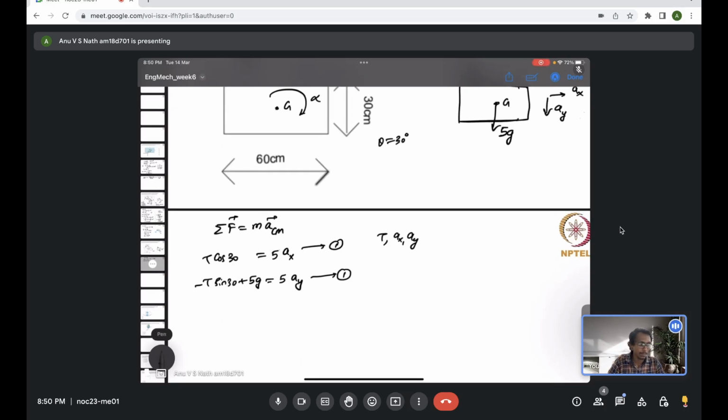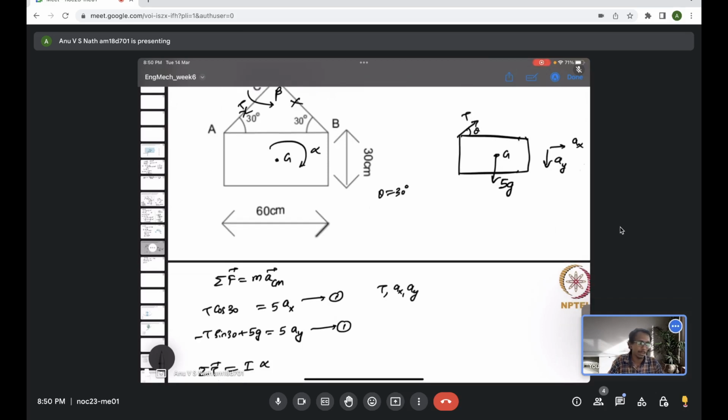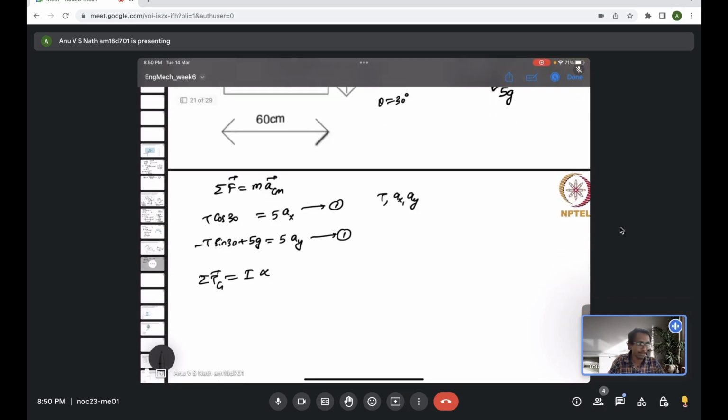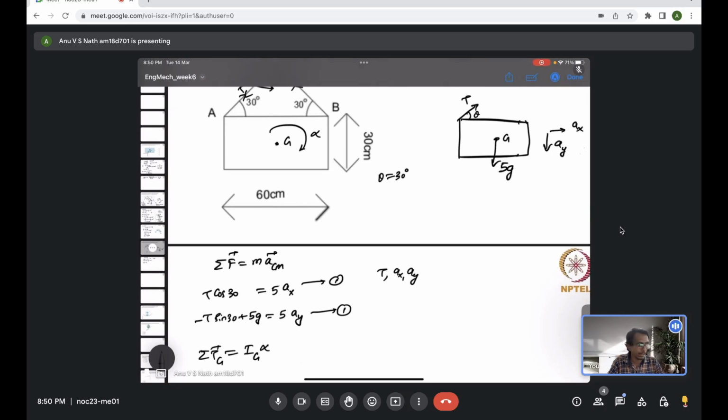So we have to write the torque balance equation. Here there is a fixed point C, but it is not in the body. We can write about C, or you can write about the center of mass G. Both ways you can try, and I will just write about the center of mass G. So 5g will not create a moment.